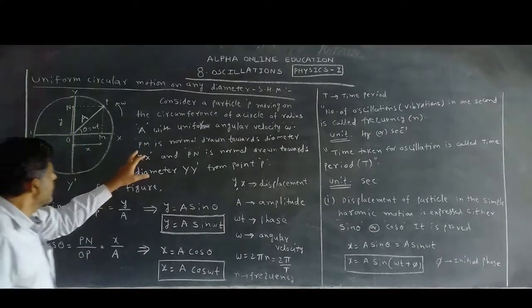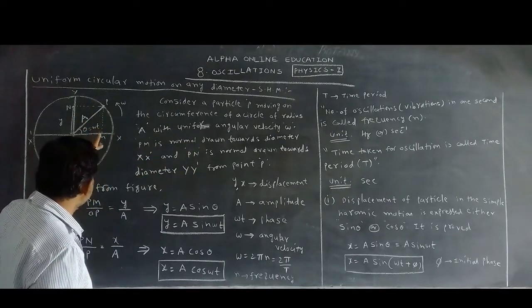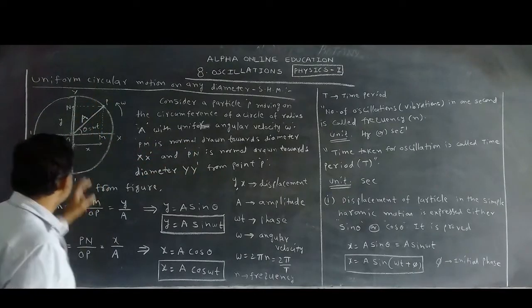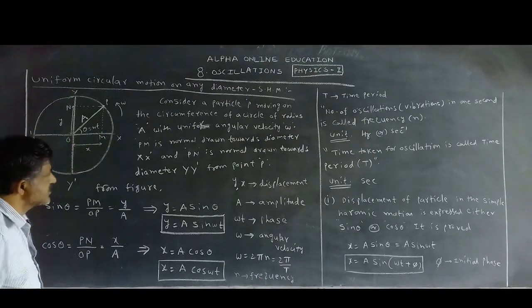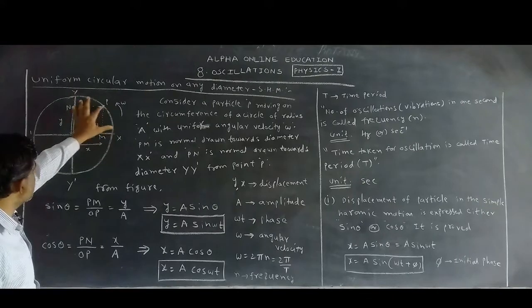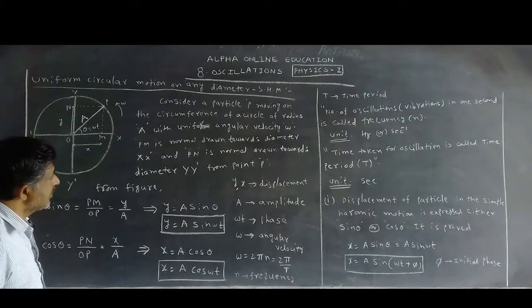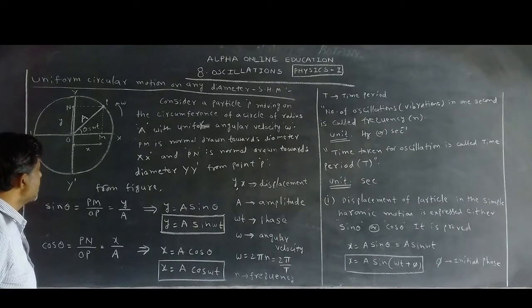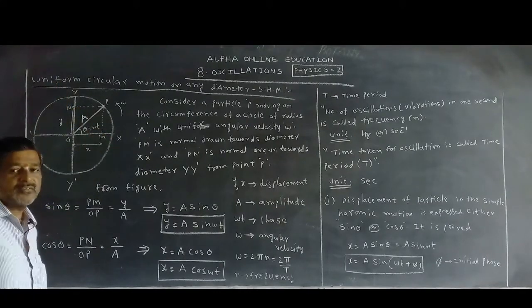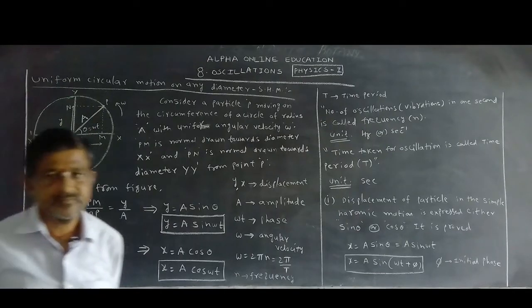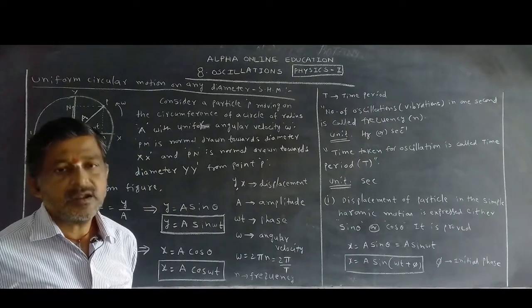But here PM is the normal drawn towards diameter x dash, and PN is also a normal drawn towards diameter y dash from point P. Means PM and PN are normals.